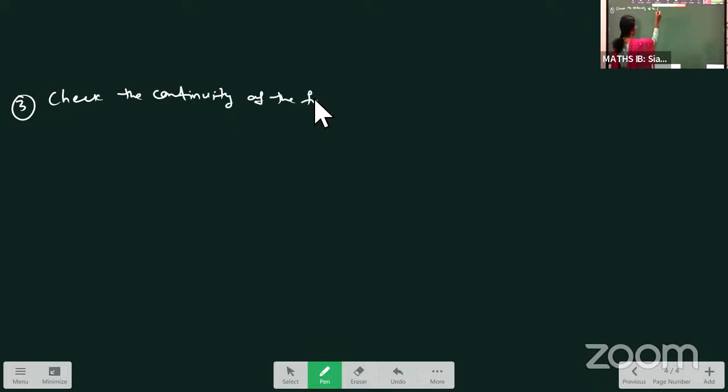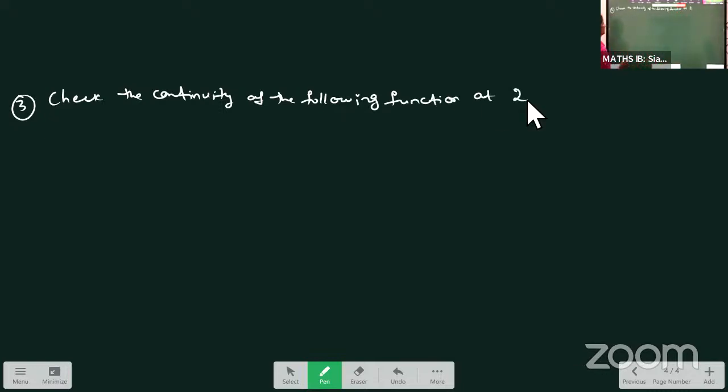Question number 3. Check the continuity of the following function at 2.